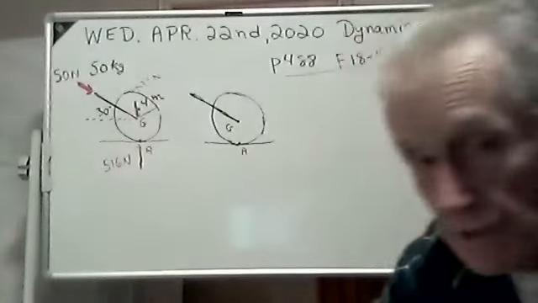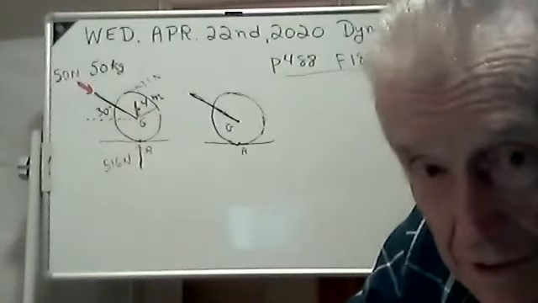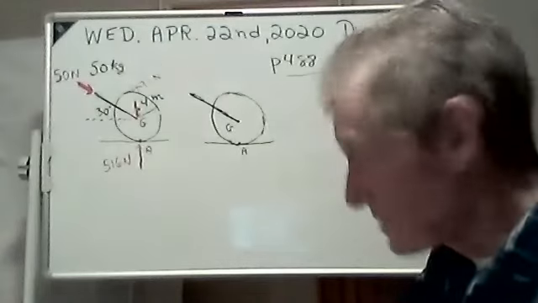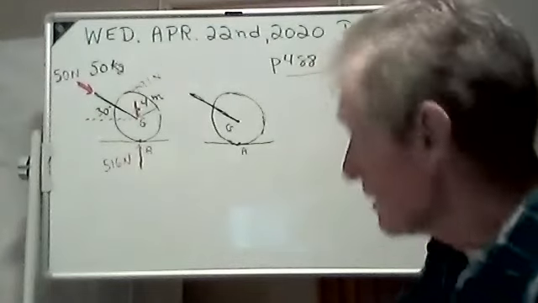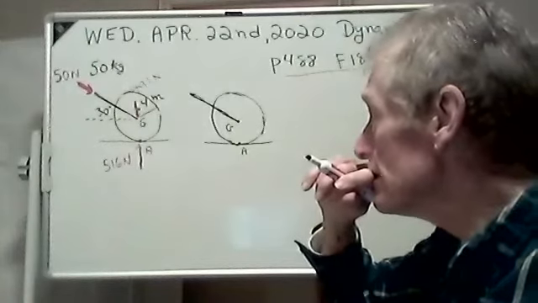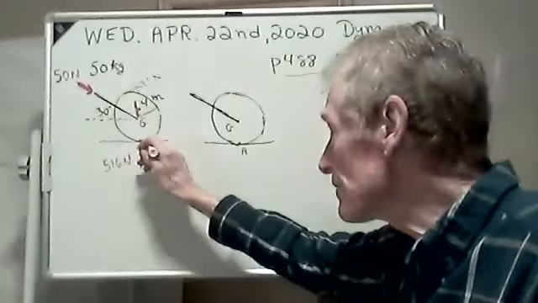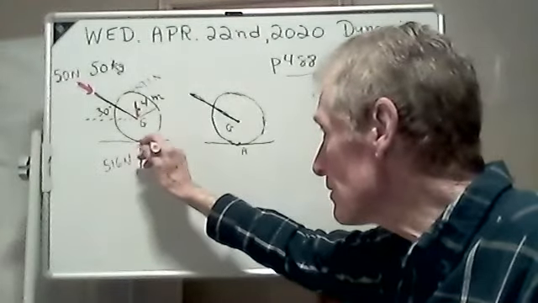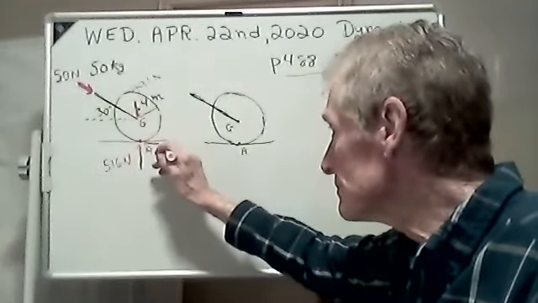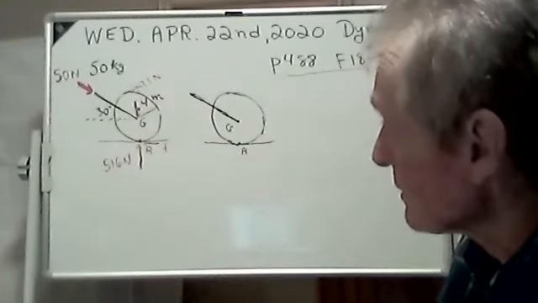I'll be glad to explain that. All you got to do is just unmute and ask. But I think that's what that is. I think it's 516. Now there's a friction here, and I'm thinking friction's going this way. I could be wrong. But there's the 4 forces acting on our wheel.